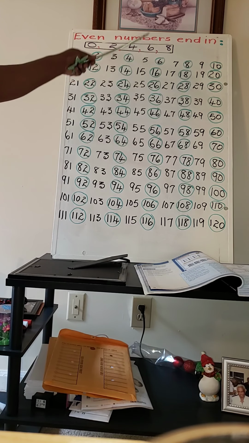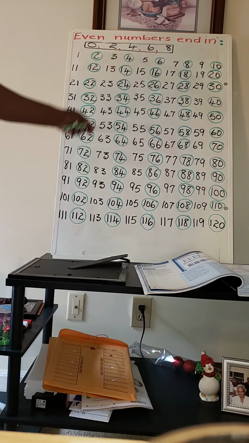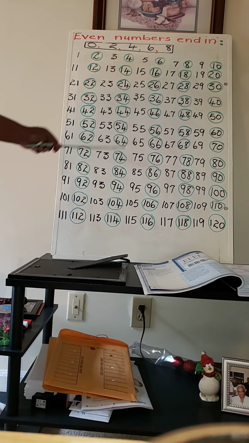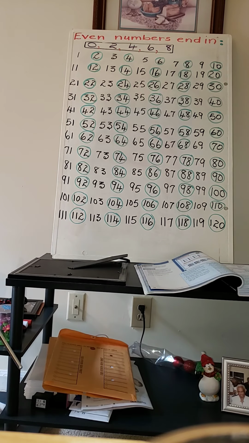So double 2 plus 1. So the even numbers, we could say they are doubles because you can separate them into 2 equal groups. But the odd numbers, we can say that they are doubles plus 1 because when you break them apart into 2 equal groups, you have 1 left over.